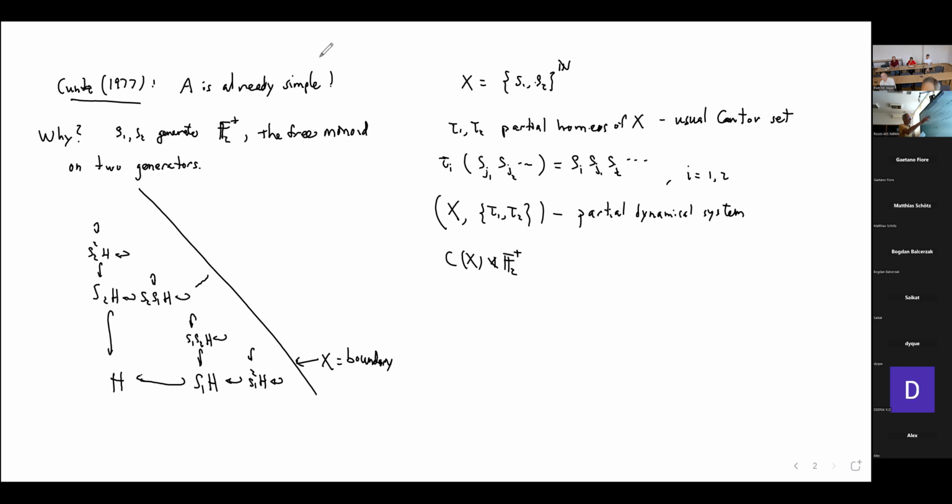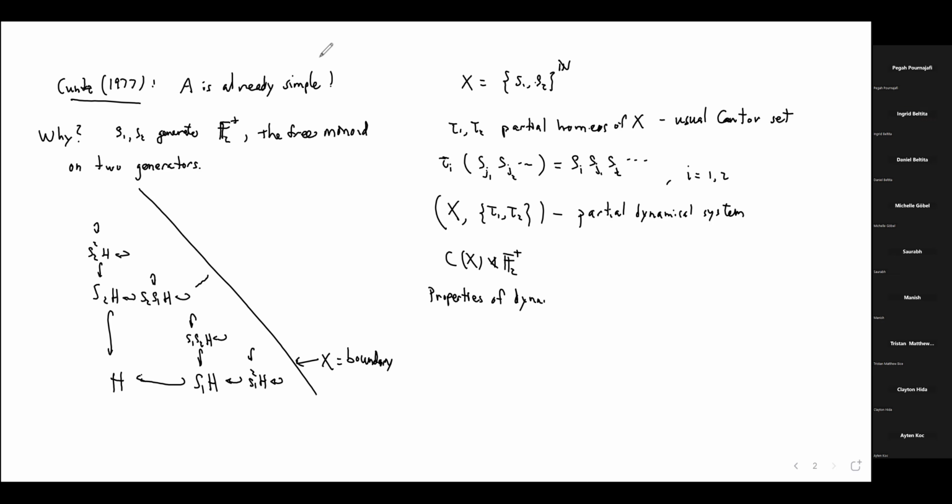Now, in this context of partial homeomorphisms of a space, it's important that properties of the dynamics imply some properties of the C-star algebra.